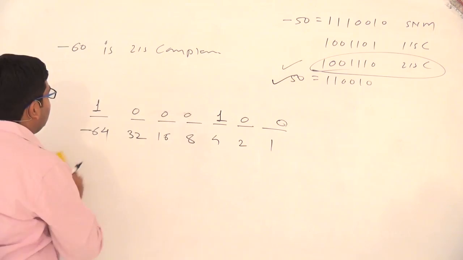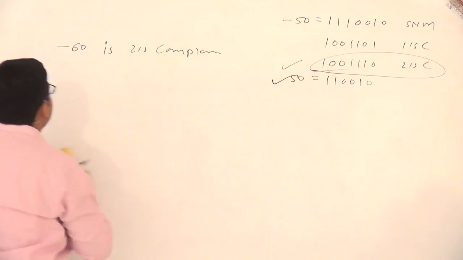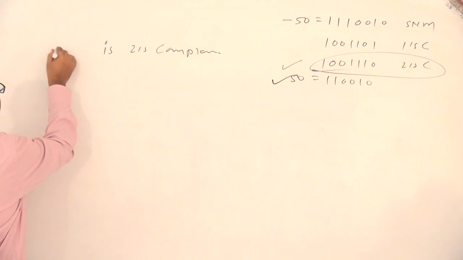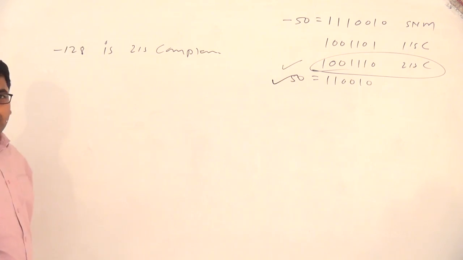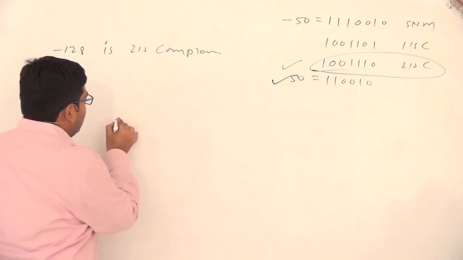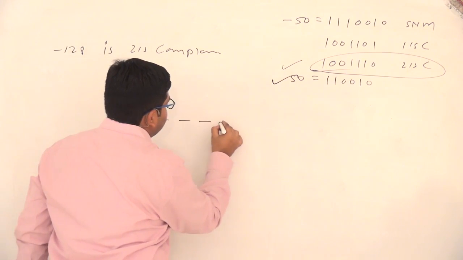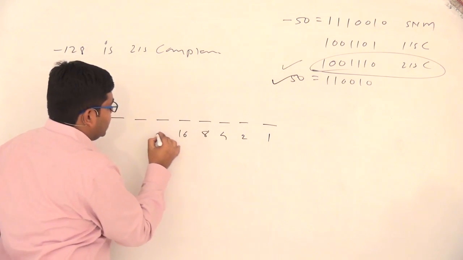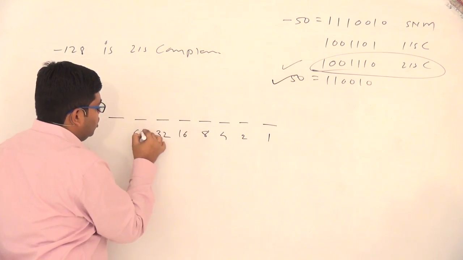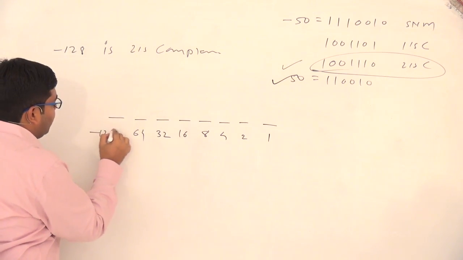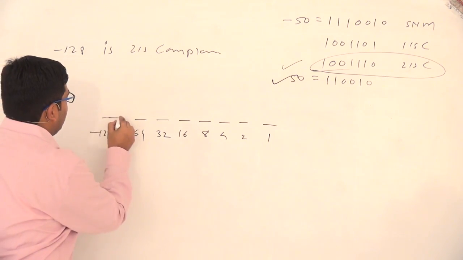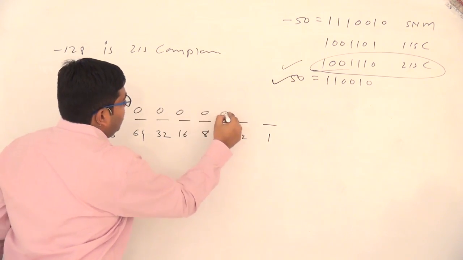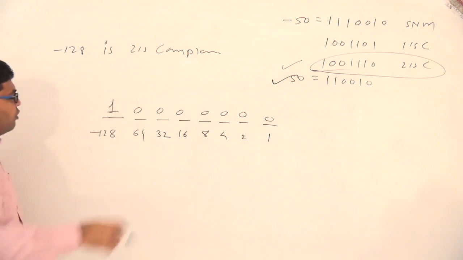Okay. Similarly, if you want to write down, say, minus 128 in 2's complement representation, then what will you do? Again you go for multiple places: 1, 2, 4, 8, 16, 32, 64, and here you go for minus 128, because if you simply put a 1 here and zeros everywhere, then the resultant addition will be equal to minus 128.